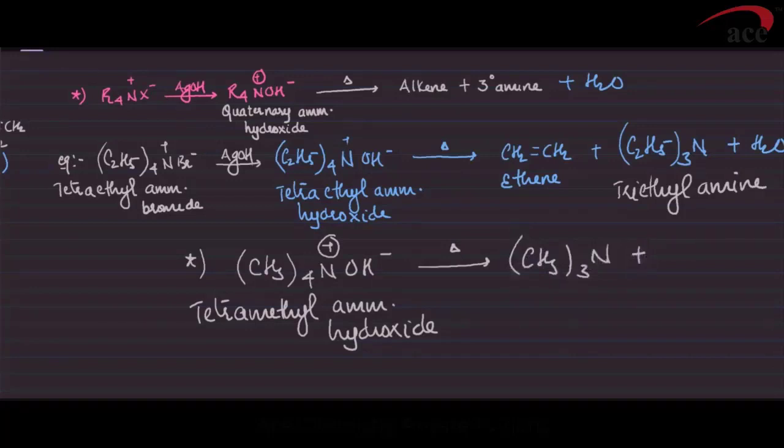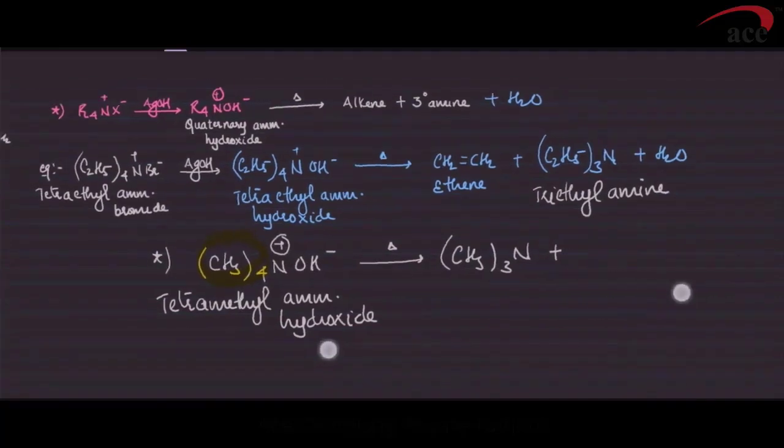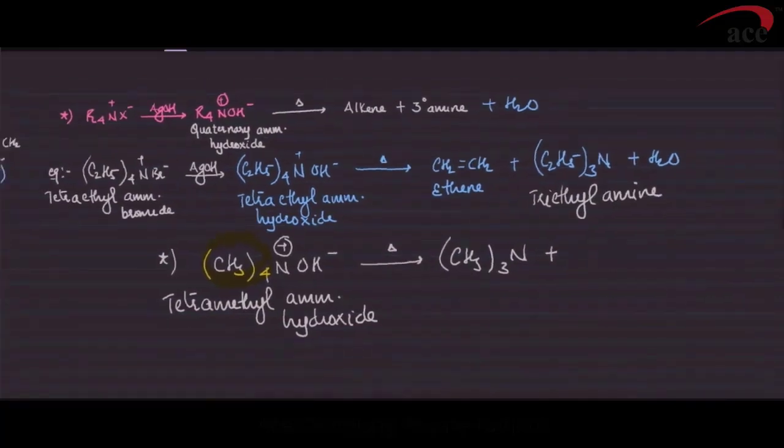So it must be noted that if all the alkyl groups in the quaternary ammonium hydroxide are methyl groups, that is tetramethyl ammonium hydroxide, then pyrolysis does not produce an alkene. Instead, it will give you trimethylamine, and the methyl group that is left out will result in the formation of an alcohol.